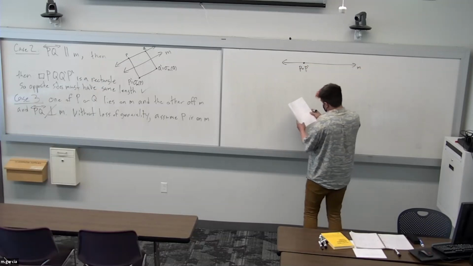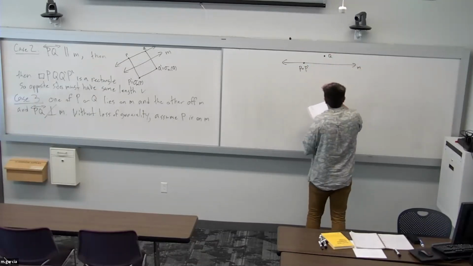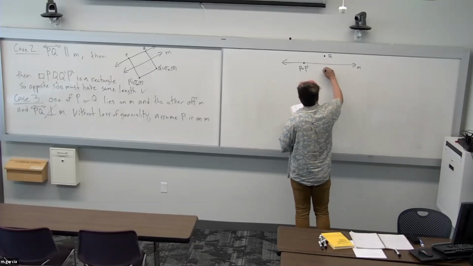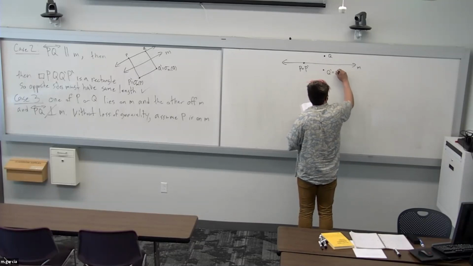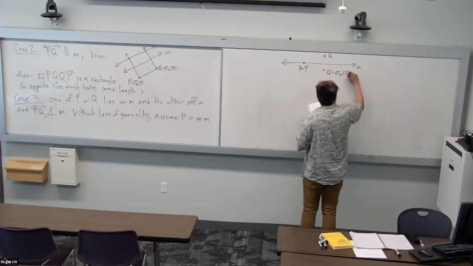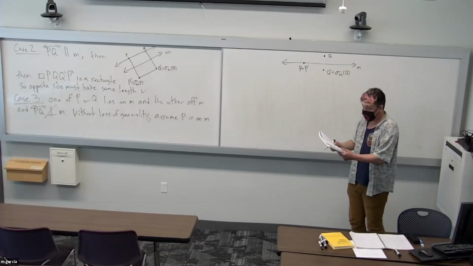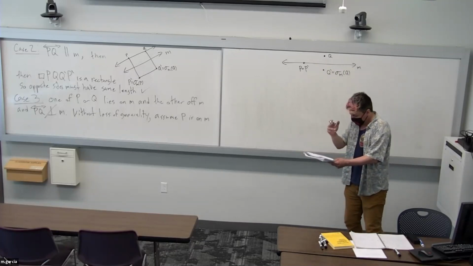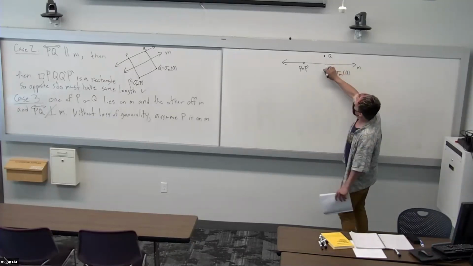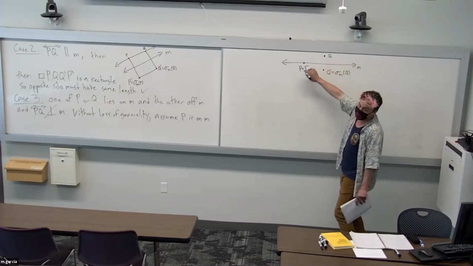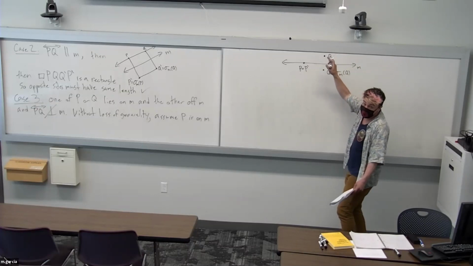Right? And then let's take Q. Then this must be Q prime down here. Okay. Two similar triangles, or an isosceles. M is the set of points that's equidistant to both Q and Q prime, right?